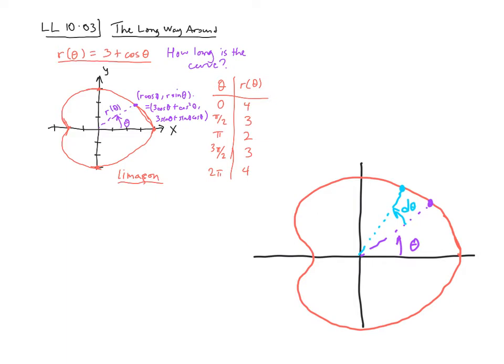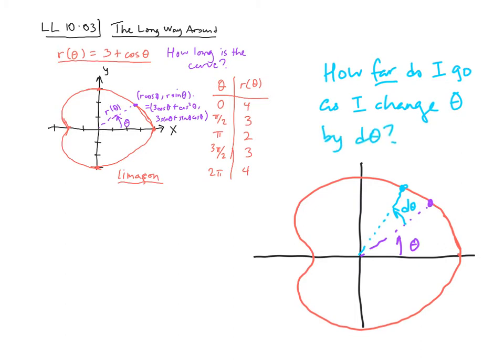And I realize in that picture d theta does not seem all that tiny, but I have to do this or the picture is not going to be visible to you. So anyway, the question I want to ask is, how far do I go as I change theta by d theta? That's the question.